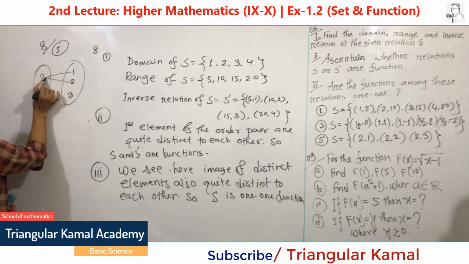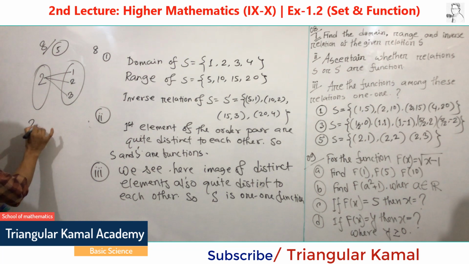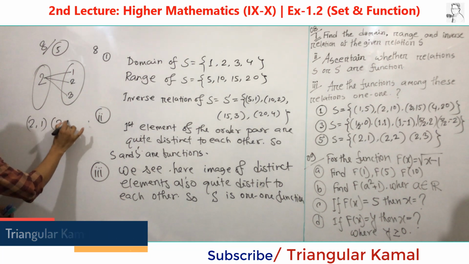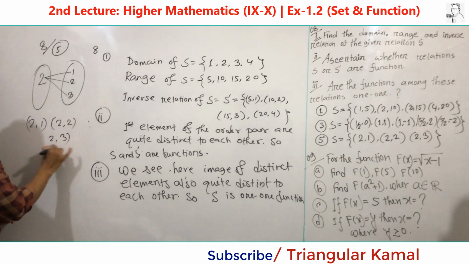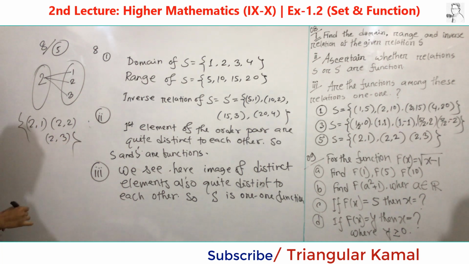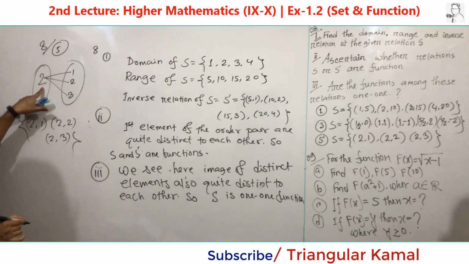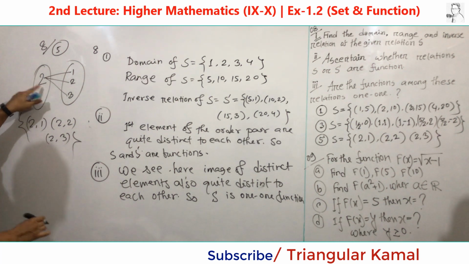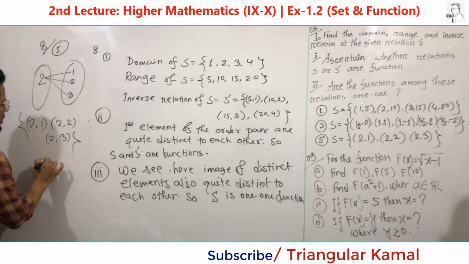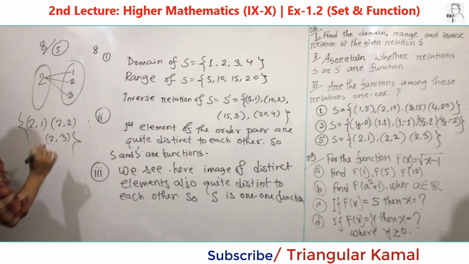So we see (2, 1), (2, 2) and (2, 3). In all cases in the ordered pairs, 2 is common, so it's a repeating term. That's why this one is not a function.